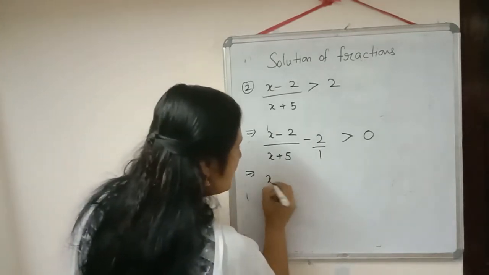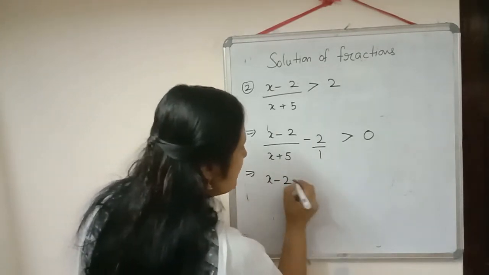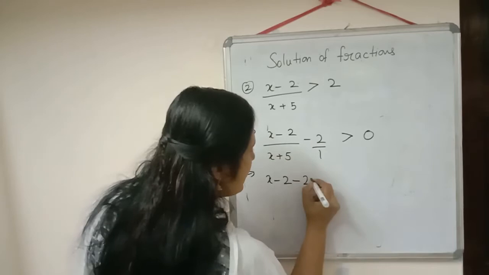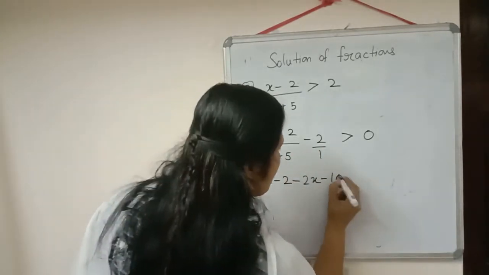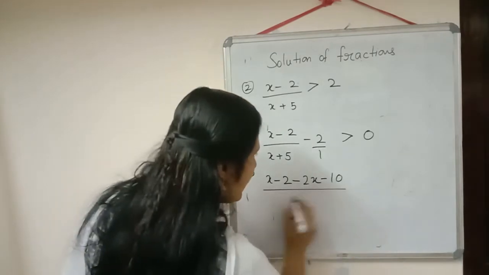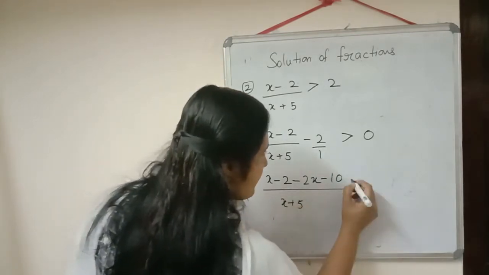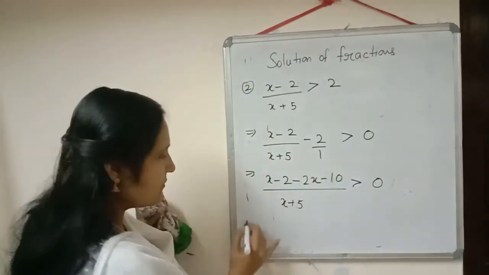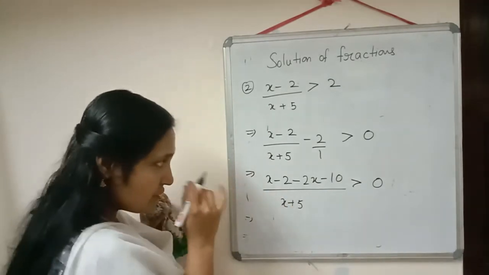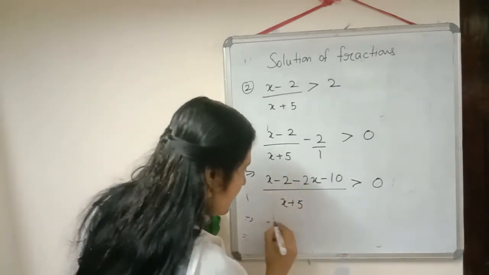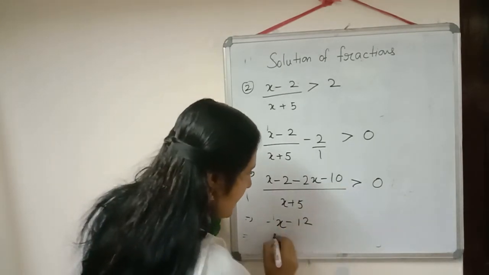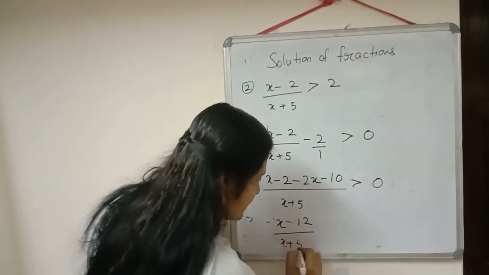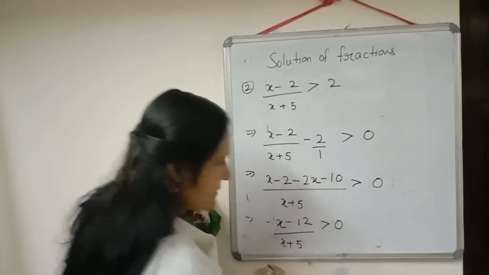Then it will be x minus 2, minus 2 into x is minus 2x, minus 2 into 5 is minus 10, all by x plus 5 greater than 0. So x minus 2x is minus x, and minus 2 minus 10 is minus 12, by x plus 5 greater than 0.